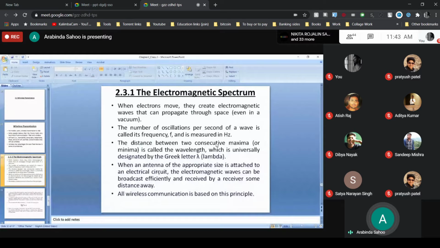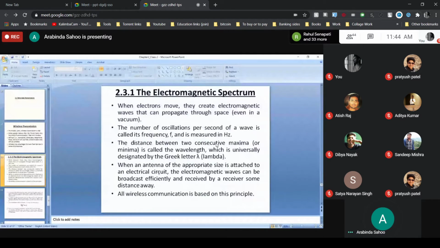In electronics there is a principle that the antenna length is comparable with the wavelength for efficient transmission and reception. Normally the antenna length is approximately equal to the wavelength.